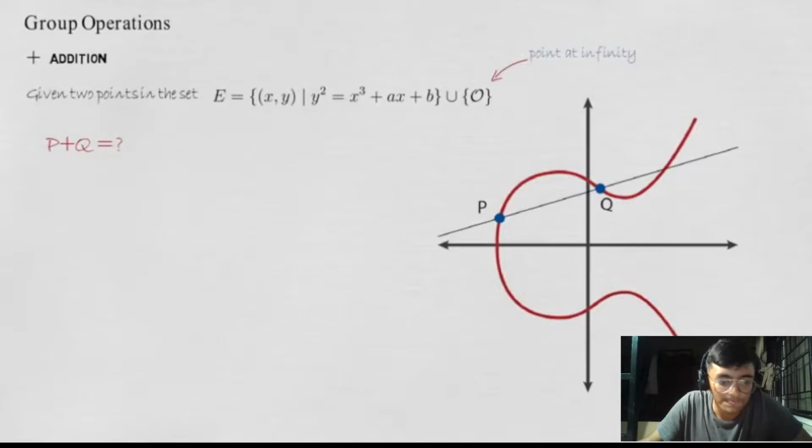So we are given 2 points p and q, and we have to find the third point r such that r is equal to p plus q. So how will we do that?